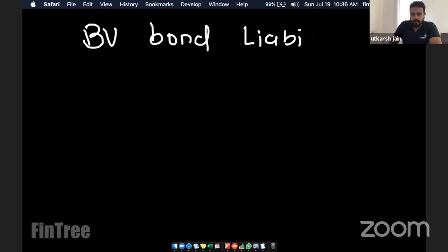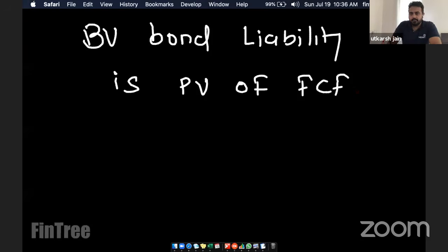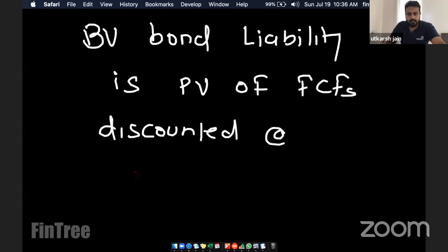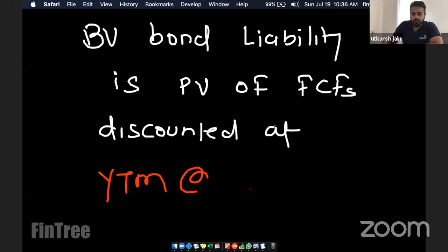That means if I'm an issuer and I'm recording liability, the book value of bond liability is the present value of future cash flows, discounted at YTM at issuance.